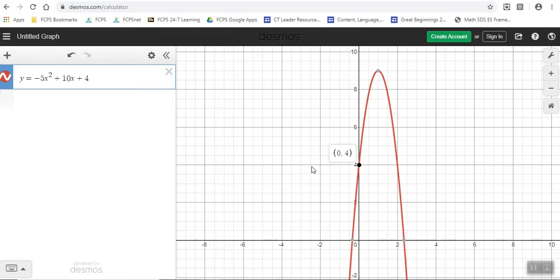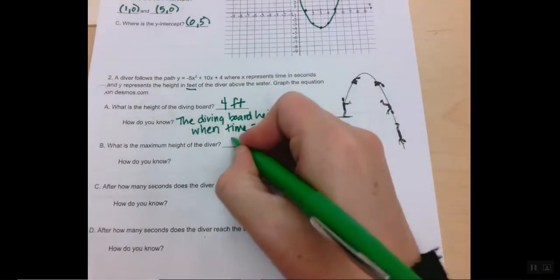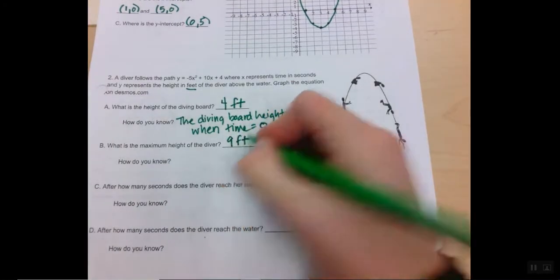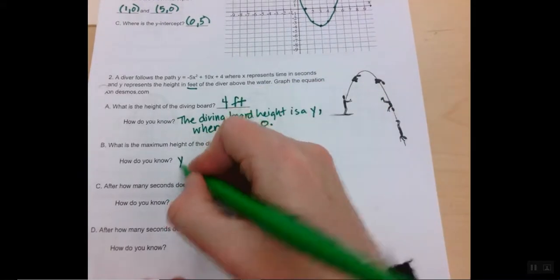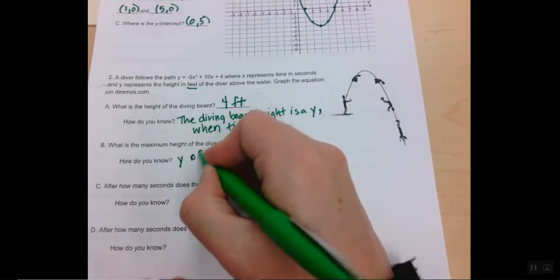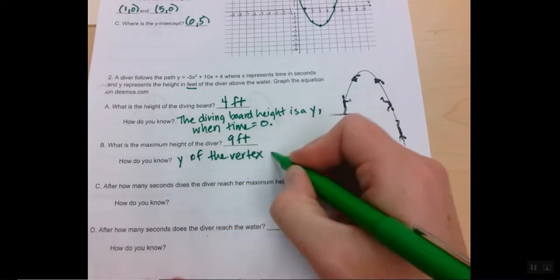Okay, so we're going to look at that point right there. And Savannah, which of these numbers is the height of the diver? It's the 9. Very good, because height is a y. So let's get all that information on our paper. Maximum height is 9 feet. And how do you know? We said that y of the vertex is the maximum height.